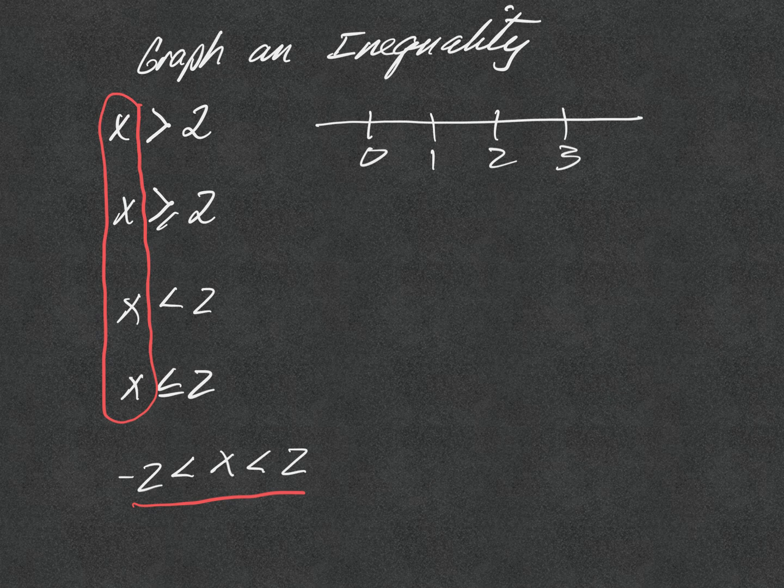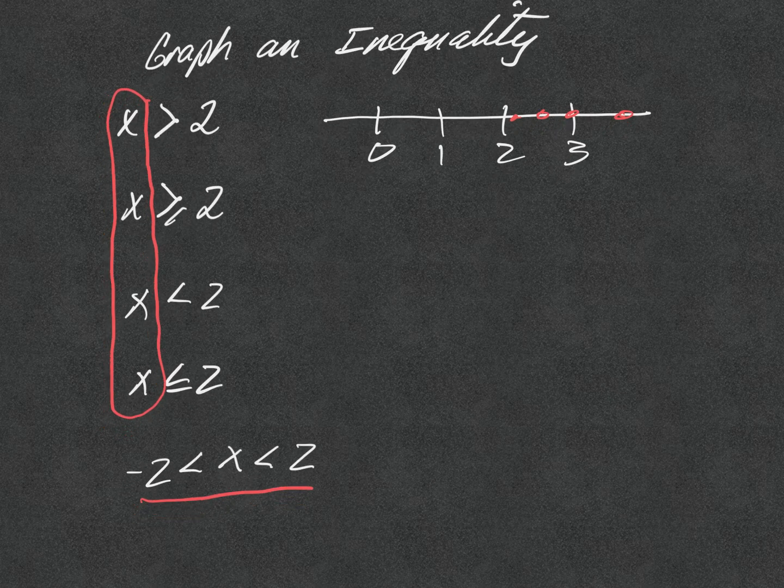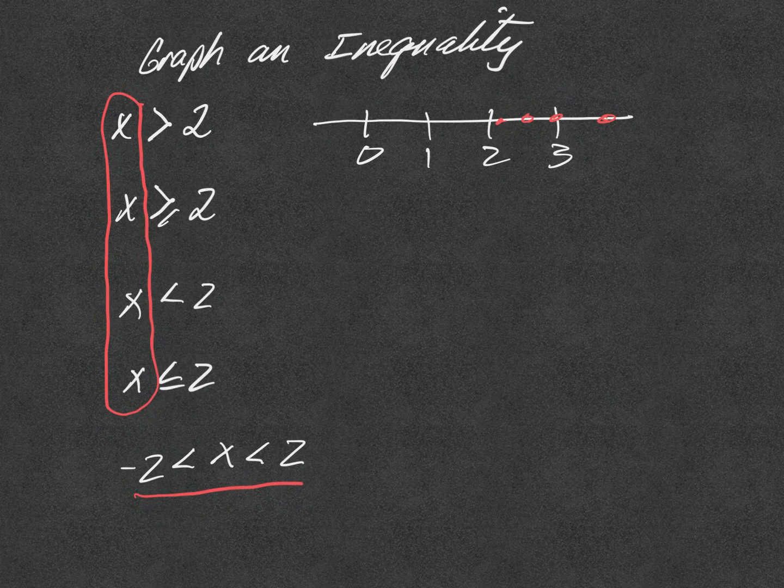So we can think of a lot of numbers greater than 2: 2.5, 3, 4, 2.1, etc. So what we see is all those numbers are to the right of 2. Now, what I do is I don't draw it on top of the number line, which is kind of what elementary school does.